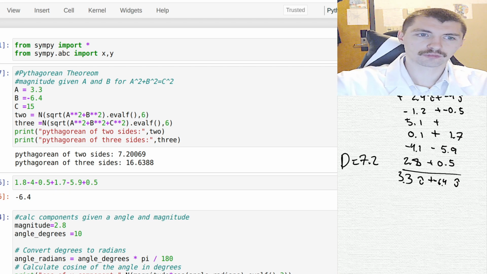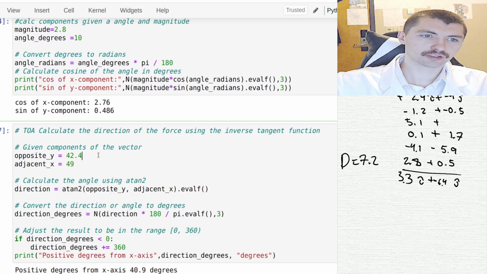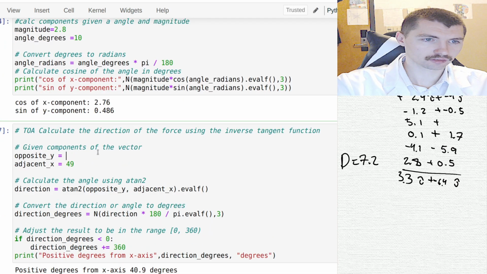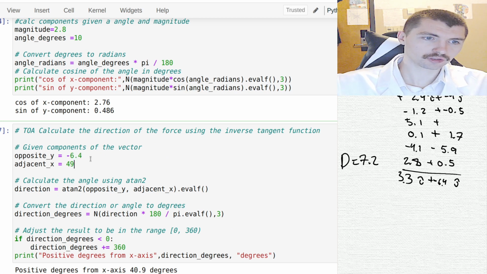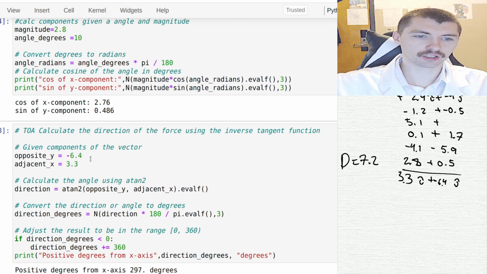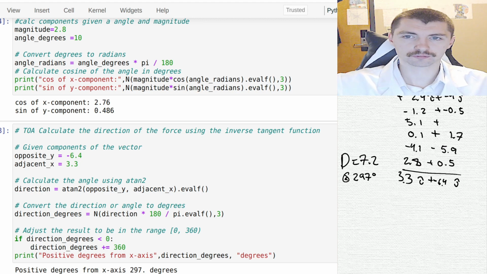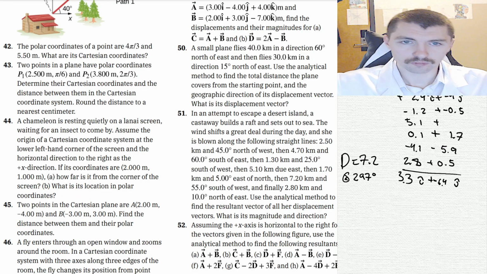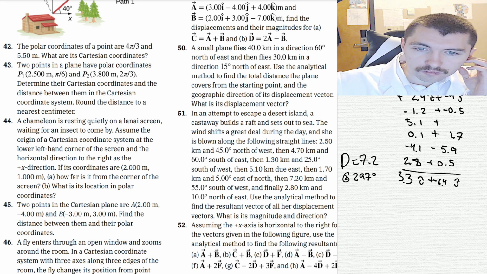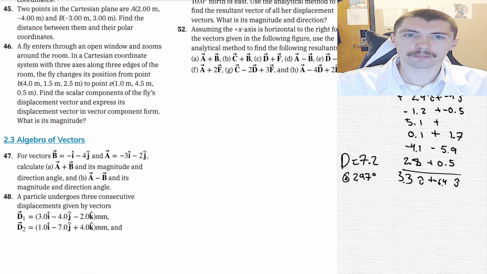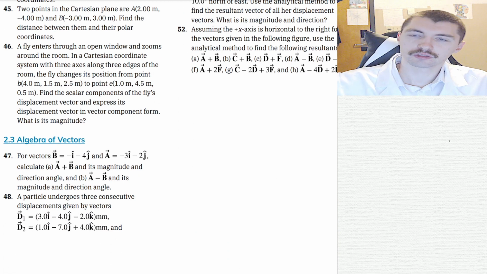Direction will be negative 6.4, 3.3 at 297 degrees. All right.